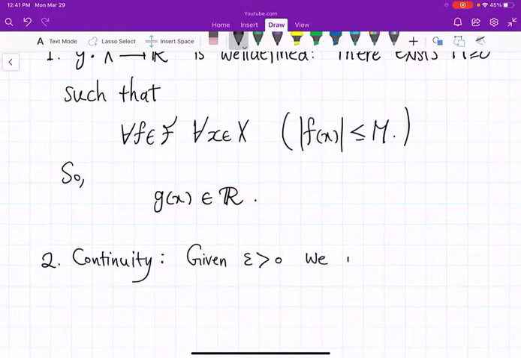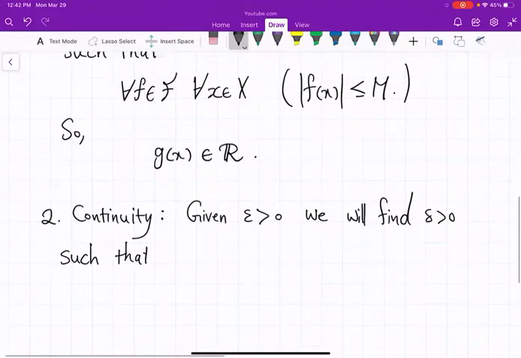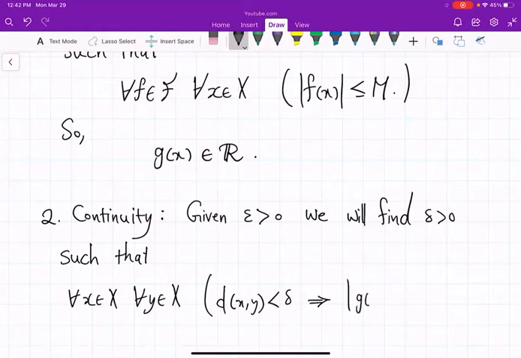We will find delta positive such that for every x in your metric space X, for every y in your metric space X, the following holds: distance of x, y less than delta would imply g of x minus g of y is less than or equal to epsilon.